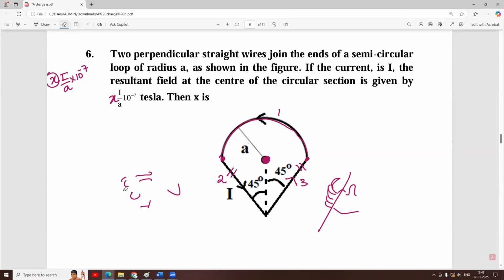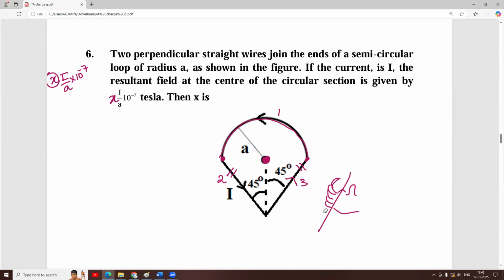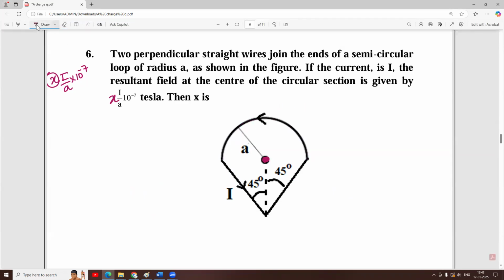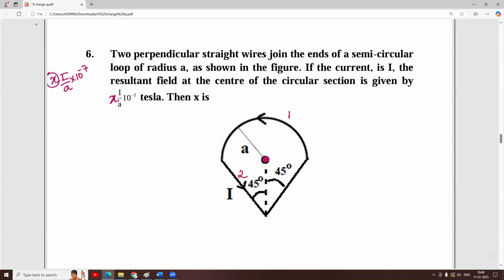So magnetic field due to all the three components, the two straight conductors as well as this curved semicircular wire, all the magnetic fields are coming out of this point. So you can add them. I'll name these as 1, 2, and 3. Now, the net magnetic field at the center O is due to 1 plus 2 plus 3.